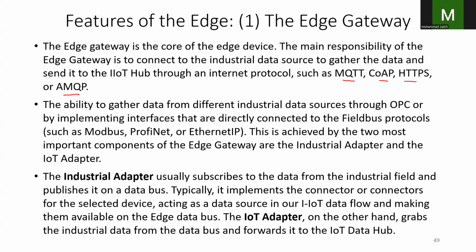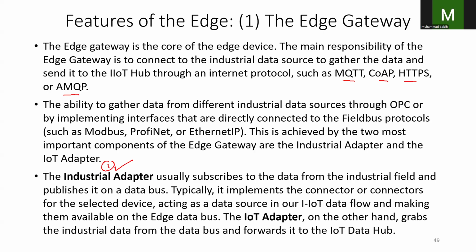So inside the edge gateway, there are two major components, and one is the industrial adapter. This industrial adapter basically subscribes to the industrial field data and publishes it to our data bus. So it acts as a connector to the devices on the factory floor.